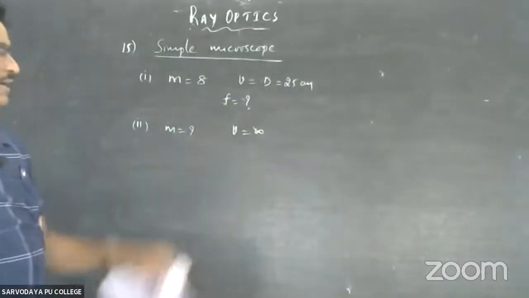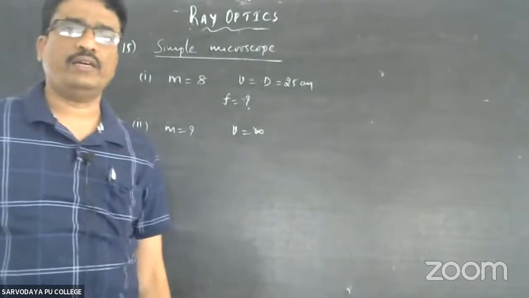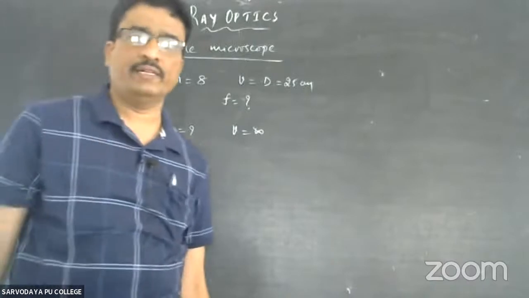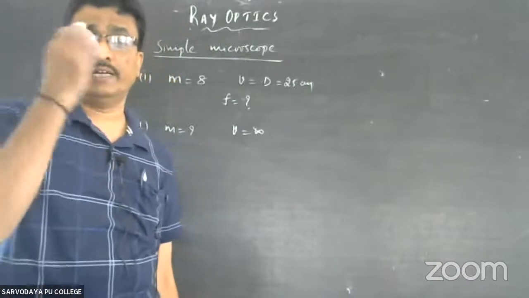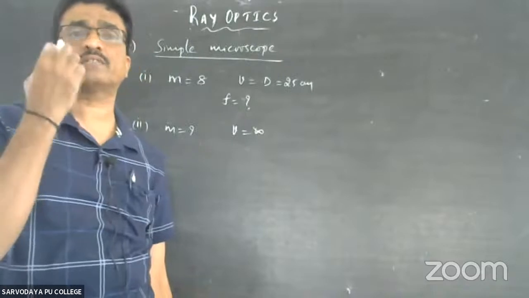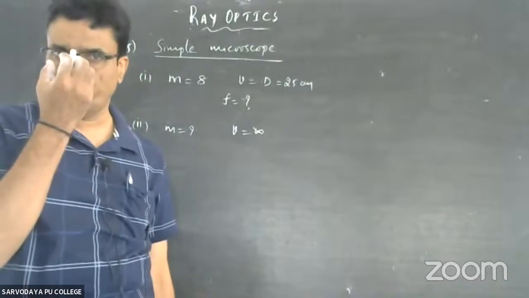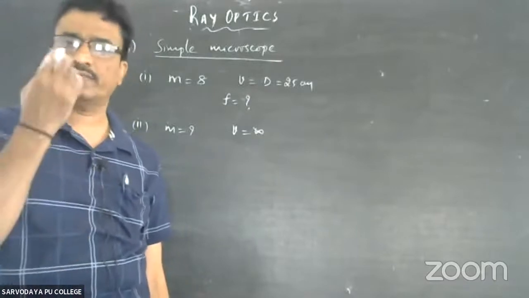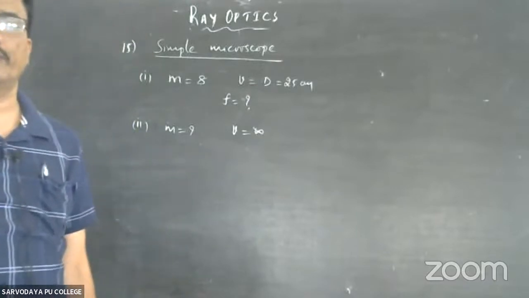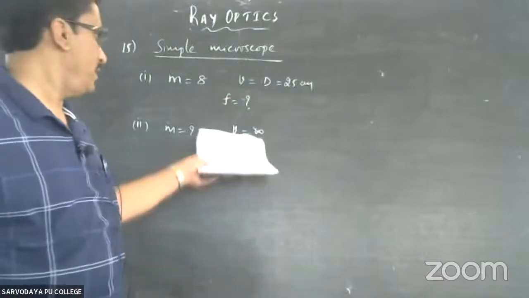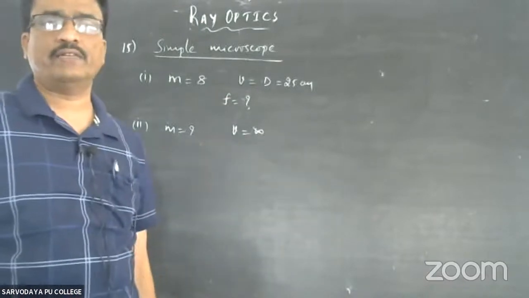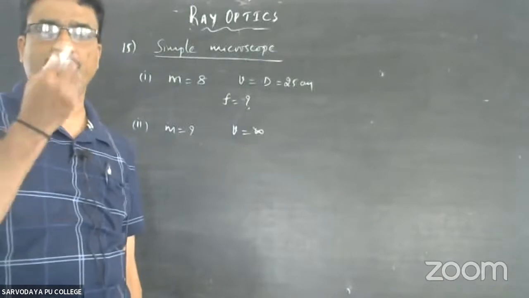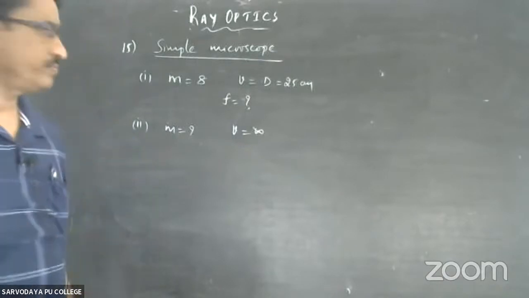Therefore m we have to calculate for v equals infinity. If the final image is obtained at infinity, the eye will not experience extra stress, because once we have to focus to a distance of 25 centimeter continuously, strain will be produced. Therefore, in order to avoid it, we try to get the final image at infinity only. That means the eye can be in relaxed state.